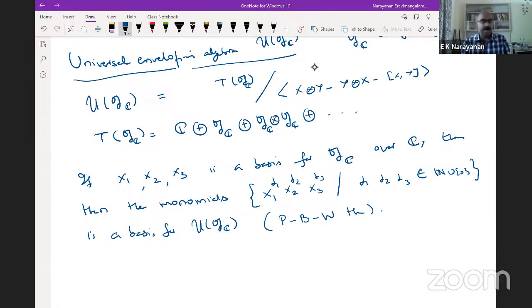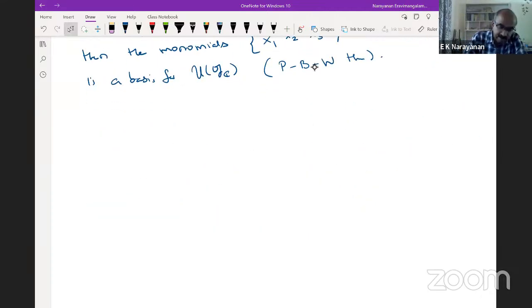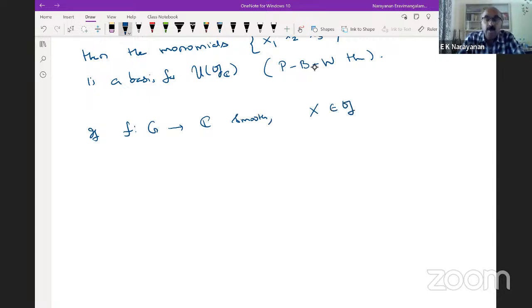But as I said, from our point of view, it is easier to think of them as left invariant differential operators. So let me tell you how it is identified. If f is a smooth function, and I take a Lie algebra element x, I want to view it as a left invariant differential operator acting on such functions f.